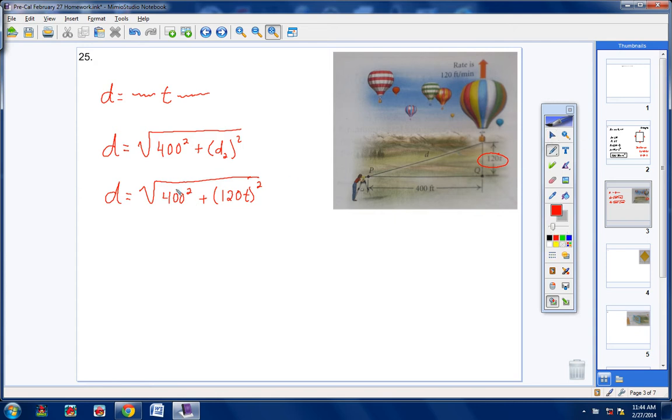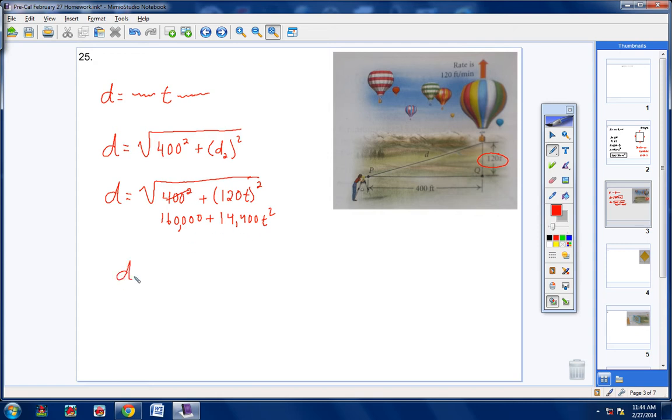Grab my calculator. 400 squared would be 160,000, and 120 squared is going to be 14,400 t squared. All right, and there's a plus sign here. You really can't add them together because they're unlike terms.